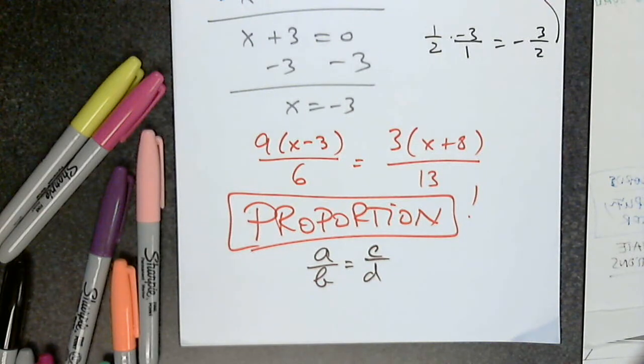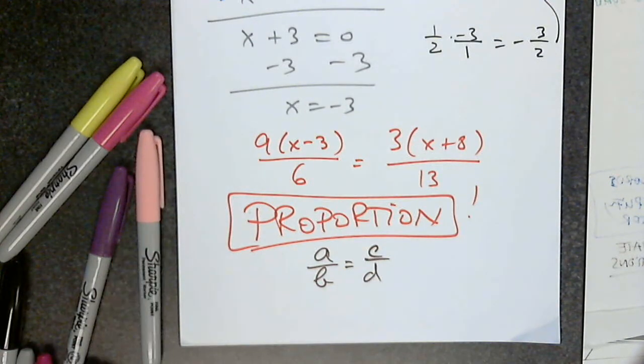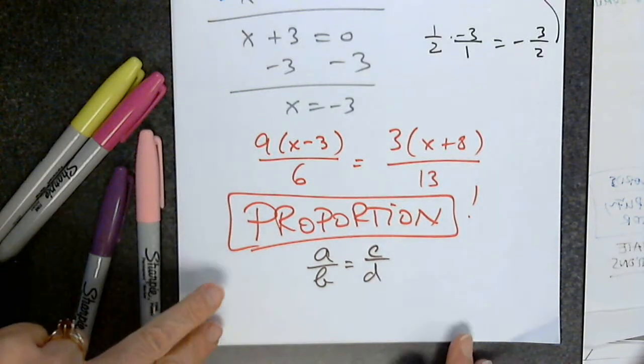Why is the proportion so important? Because only in a proportion there is something we can do, but it must be a proportion, otherwise we can't do it: cross multiplying. So in your little notebook, you should write proportion. I can cross multiply only if it's a proportion. That's the only way to remember these things.